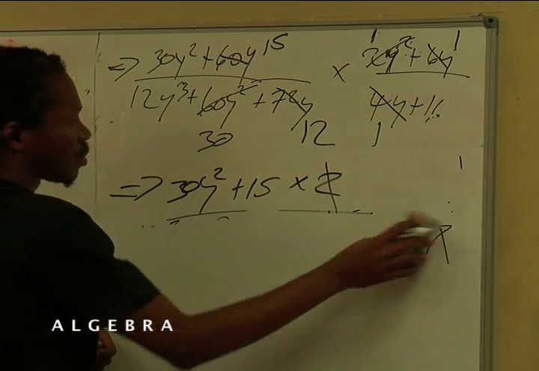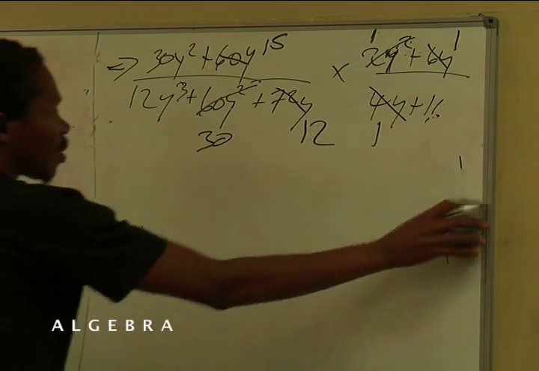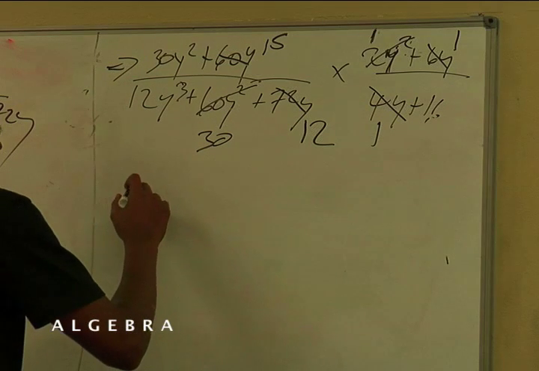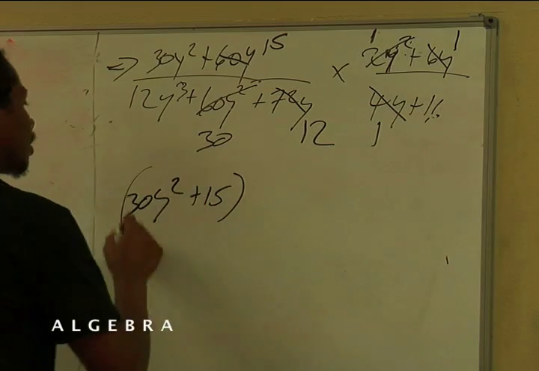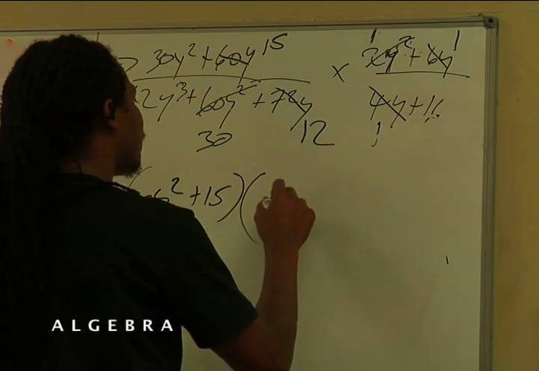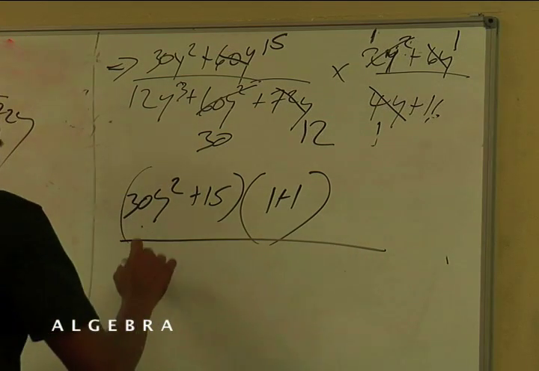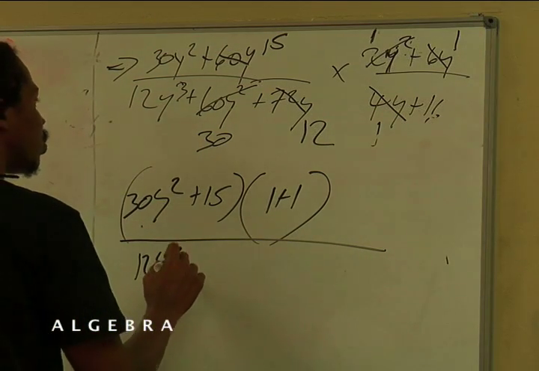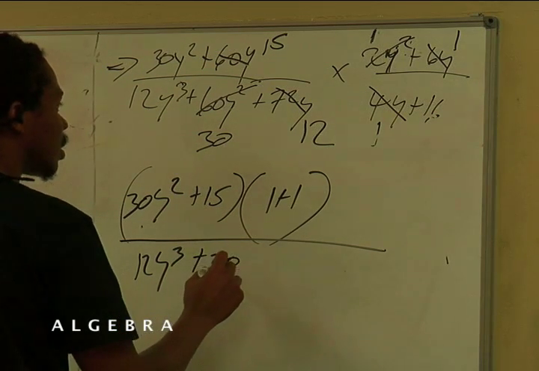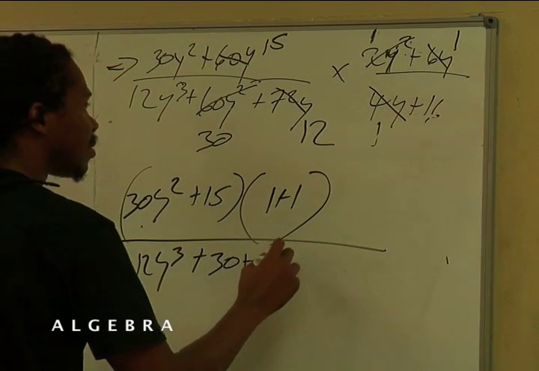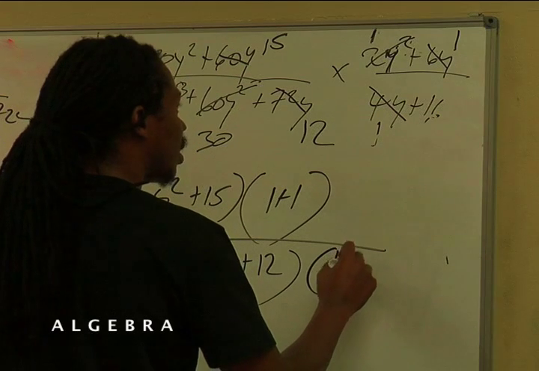Oh, watch this now. 30y squared plus 15 bracket 1 plus 1 over 12y cubed plus 30 plus 12 bracket 1 plus 16.